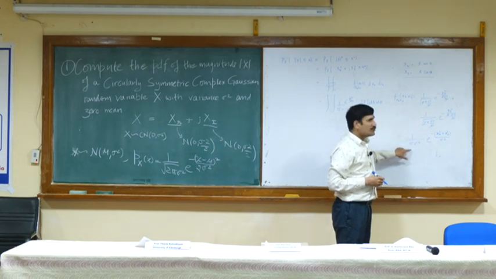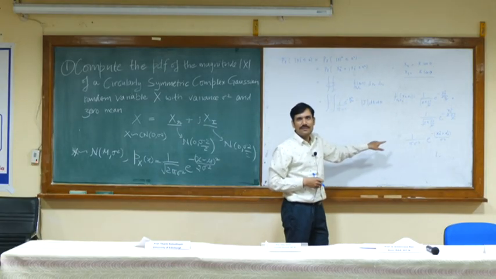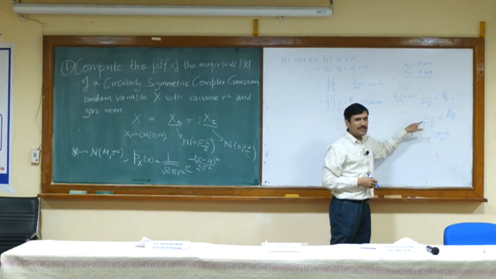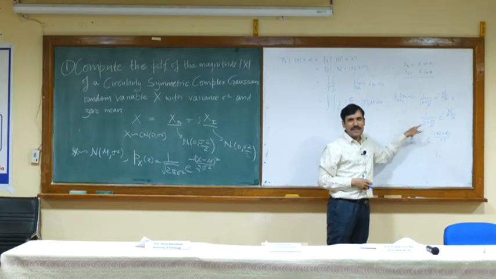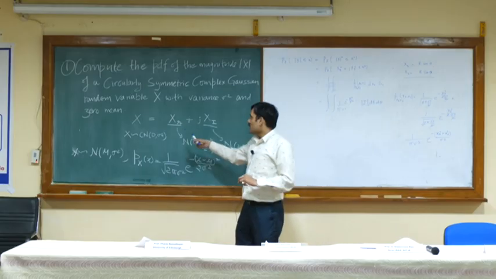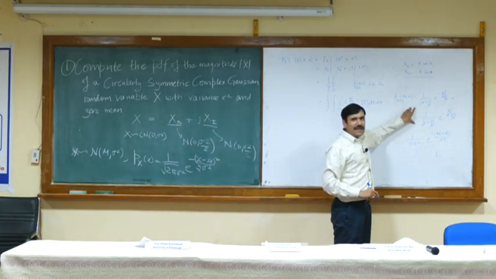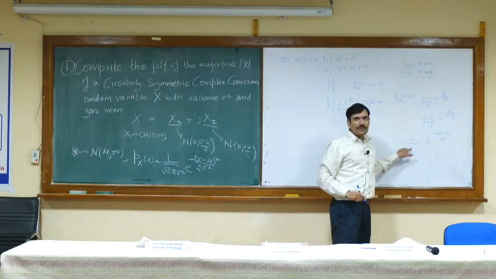So they will be multiplied to this. Clear? There are two Gaussian distributions, right? So we multiplied them. Why did we multiply them? Because they are independent. So we multiplied them, and we will get this factor.